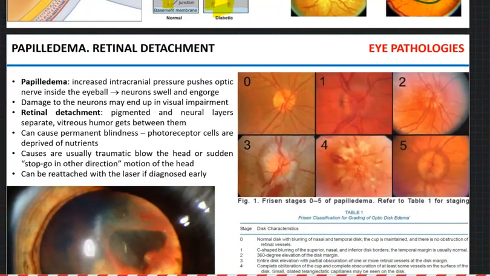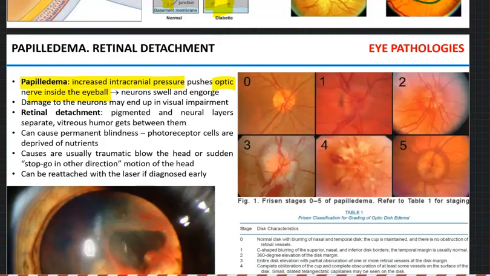So papilledema. Very cool condition. Remember, the eye is connected to the brain, and by connected I mean there's a direct access. I'm not saying it as a joke, it's a direct access. So when the pressure in your cranium, the pressure of cerebrospinal fluid, increases, it pushes the optic nerve and CSF into your eyeball, okay?